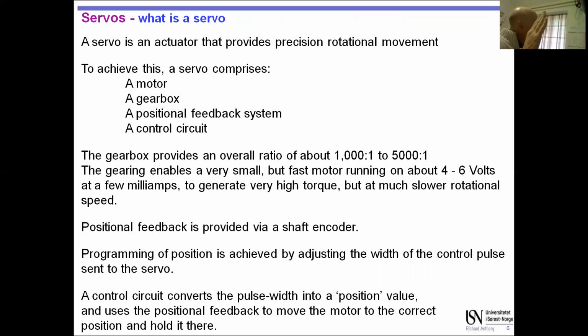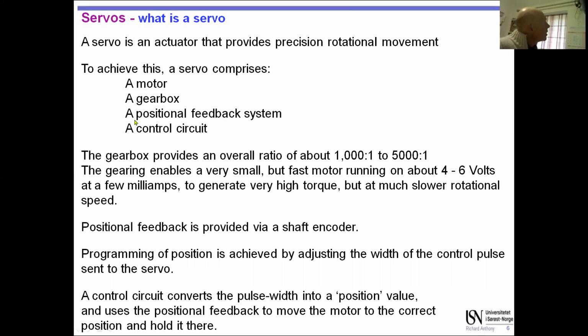But if you have a gearbox and you slow your rotation down by 1,000 to 1 or 5,000 to 1, which are typical values inside these servos, then your torque goes up by that much. So you end up with a very slow moving device that has very, very powerful rotation. And this is what a servo tends to be.